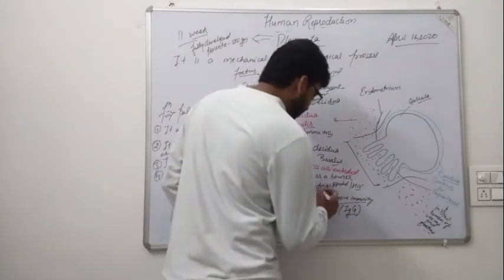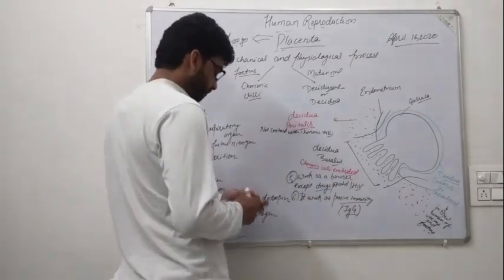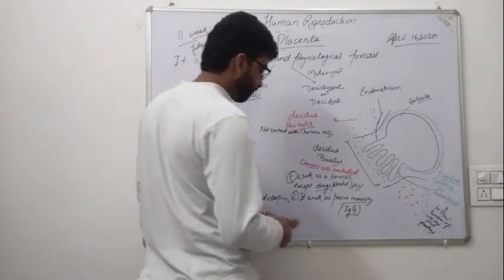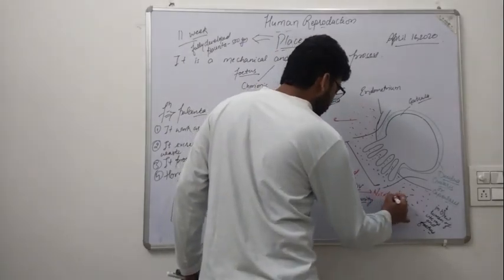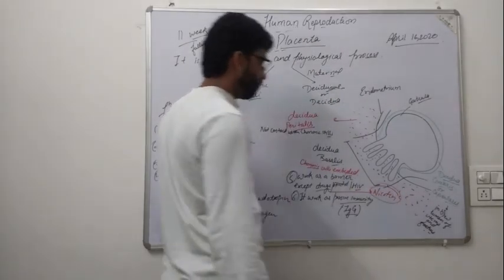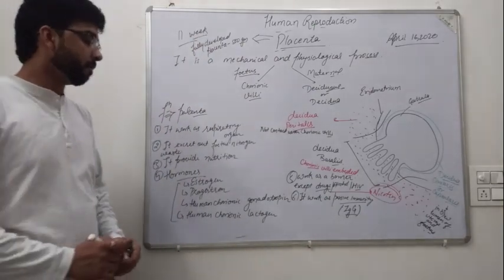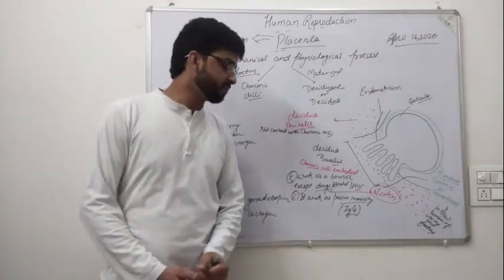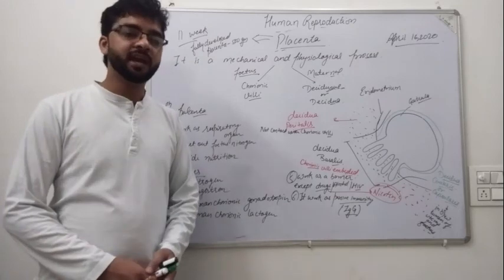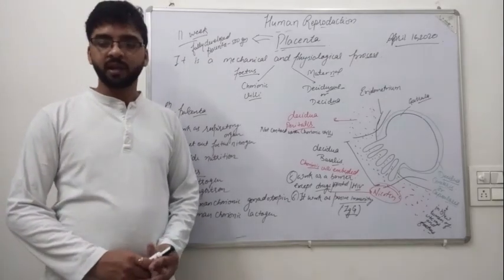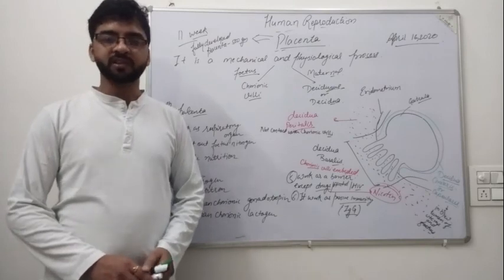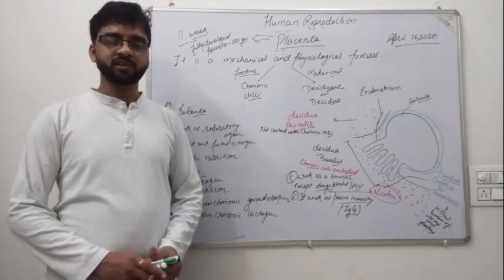The drugs we mentioned include nicotine, which will never be prevented by the placenta. Placenta also passes immunity IgG, or it works as passive immunity here. In the next topic we will discuss the parturition term.